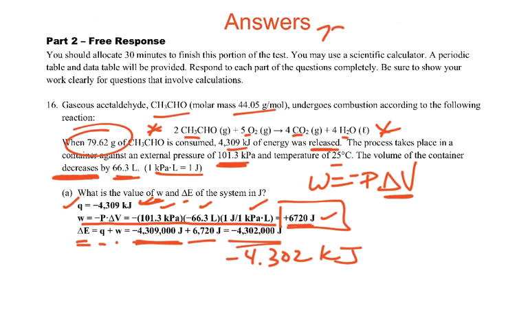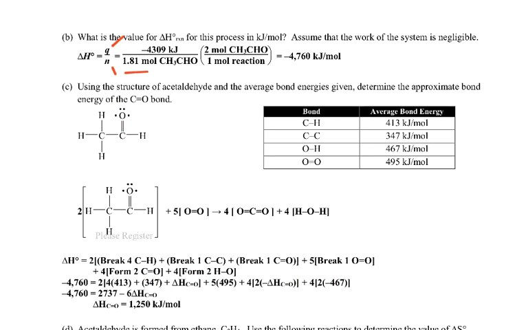So we have to say 79.62 grams of the acetaldehyde divided by 44.05 grams for 1 mole of acetaldehyde. And if we do that, that is where this 1.81 moles of acetaldehyde comes in. So we have the energy, the negative 4309 kilojoules, divided by the moles. Okay, then this is per reaction.